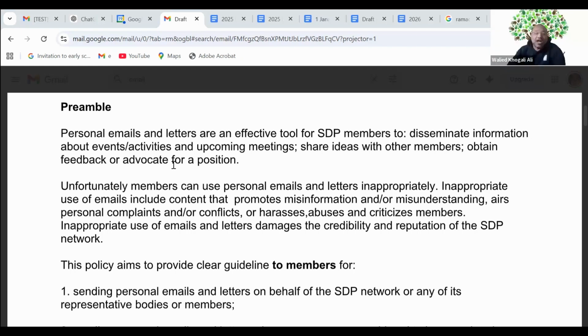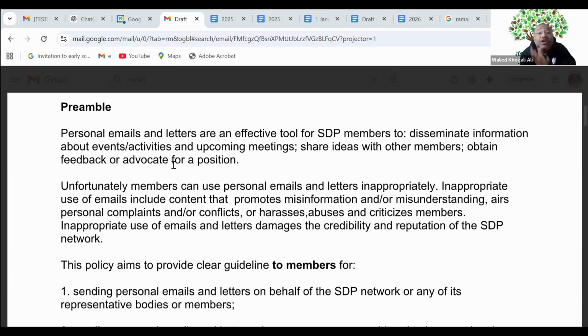So I want to withdraw my critique. Wally, Adonis, thank you for clarifying. I want to withdraw my critique of the word personal. I get it. It applies to SDP members. So if you're an SDP member, you have a responsibility. I was confused at the beginning. I thought it was just anyone who's corresponding with stakeholders.